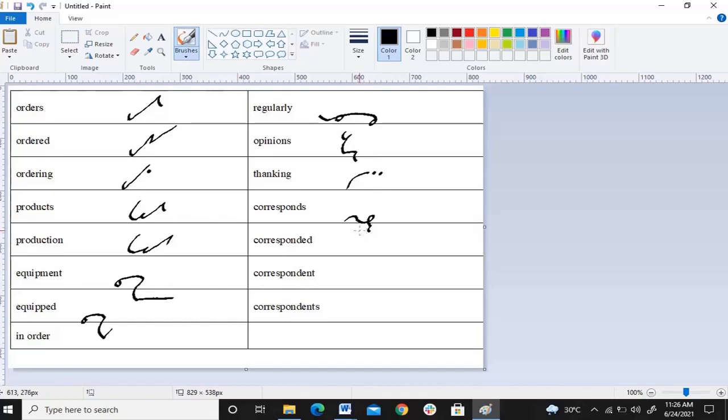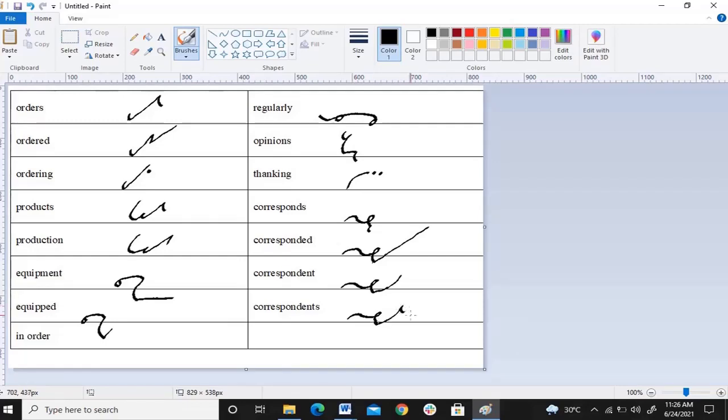Yes, tama. Next, we have corresponded. So, we have correspond, K-R-E-S, and then yung D natin, mahabang D. Correspondent. So, we have correspond, and then dent, N-T. Okay, next, correspondence. So, we have yung correspondent, and then we add S.